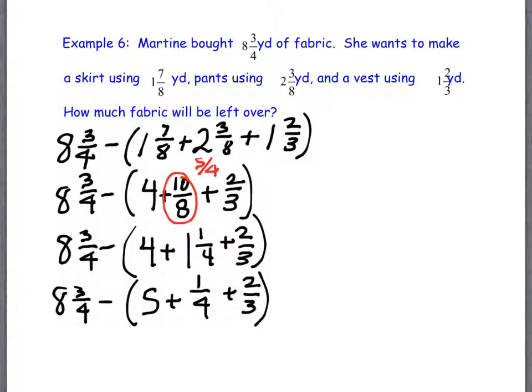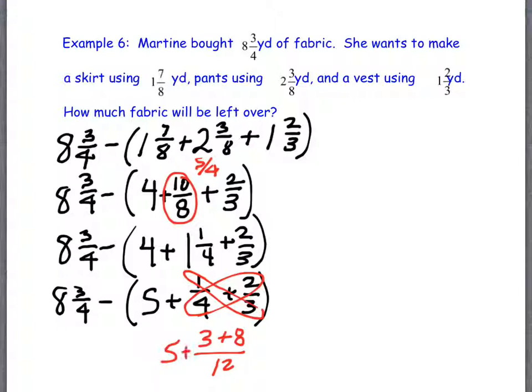All right, now what am I going to do? Yeah, and again, one way to do it would be this, right? So 1 times 3 is 3. 4 times 2 is 8 over 12.